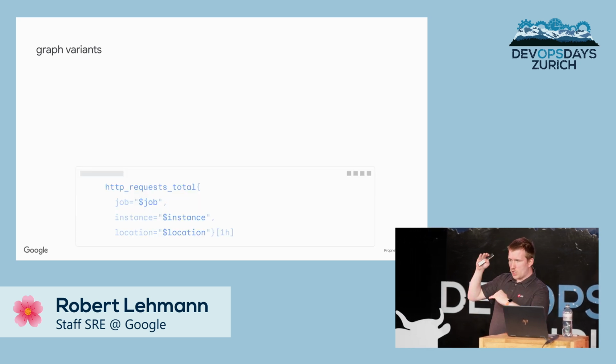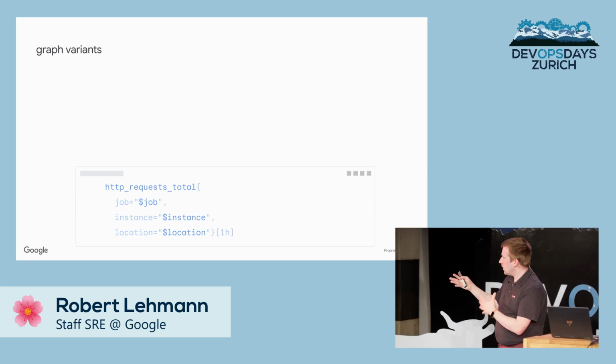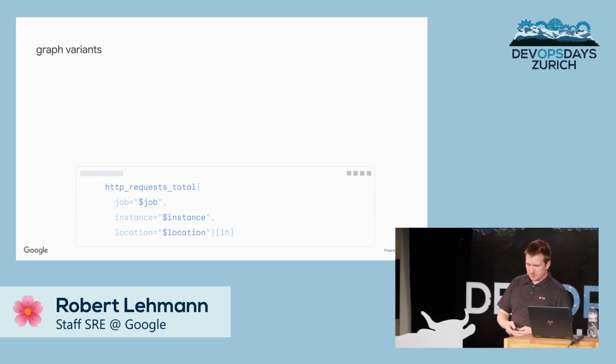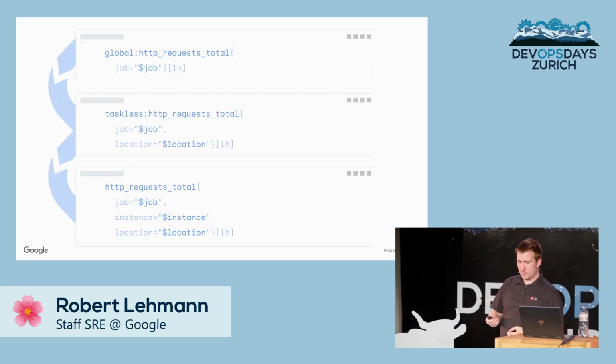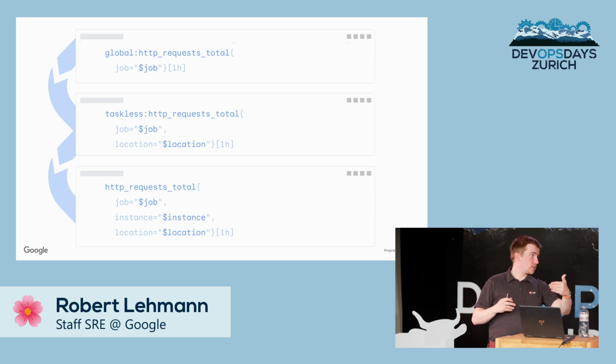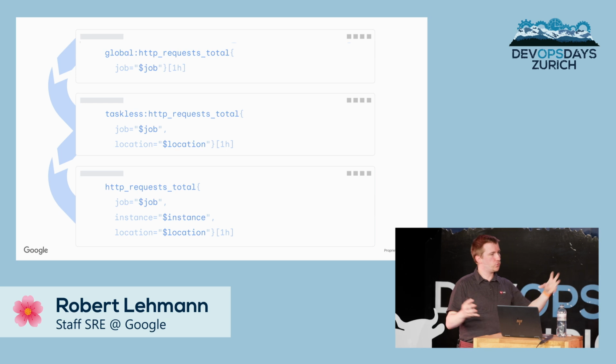What we can do to jump between those very easily is we can define a graph, right? We can say, okay, look at the HTTP requests metric, and then to this graph add what we call variants. So you would have multiple different variants of a graph, one for the global level, one for the taskless level, one for the taskful level. And they're all part of one graph.